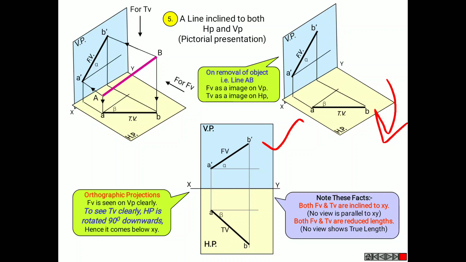So note these facts that both front view and top view are inclined to XY. No view is parallel to XY, but both front view and top view are reduced lengths. So no view shows you the true length.